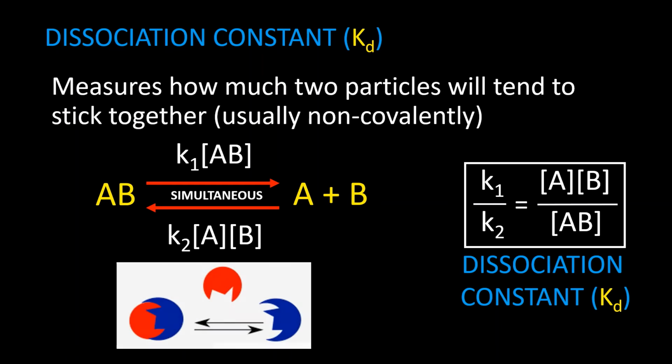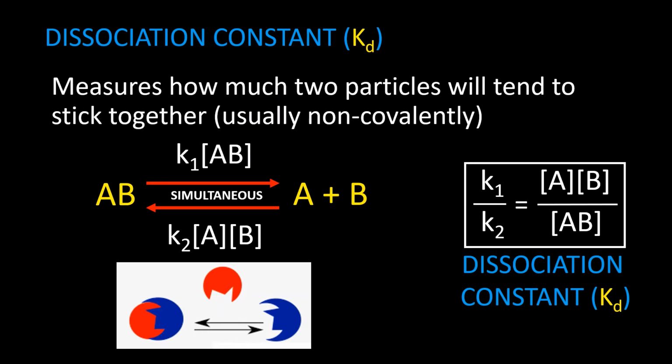So here's an example situation where dissociation may happen. When enzymes actually work with their substrates, they usually need to bond to their substrates non-covalently. So let's say our enzyme here is the one in red, and our substrate is the one in blue.